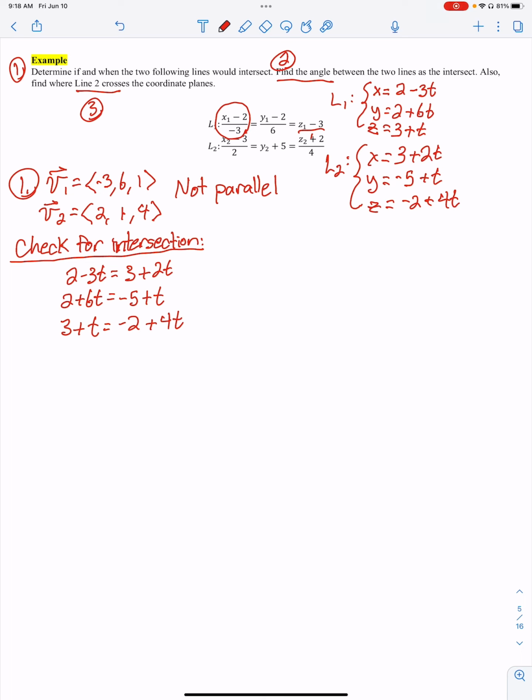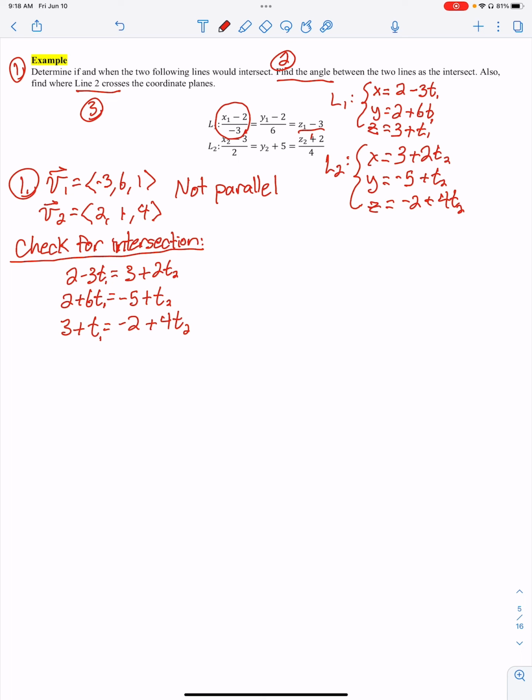Okay, so I have 3 equations, 2 unknowns. Oh, we should have t1, t1, t1, t2, t2, t2, because they're different t's. These are also different x's, so we really should have x1. That's okay, though. So we have our t1s and t2s. And I'm trying to use 2 equations to make one.